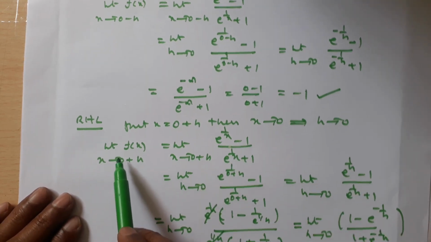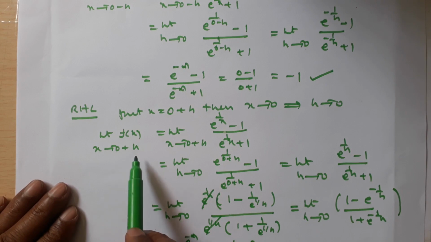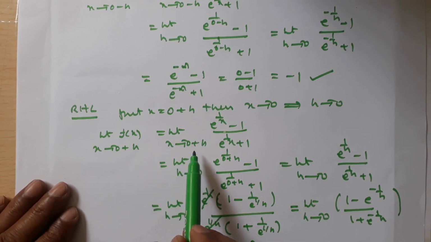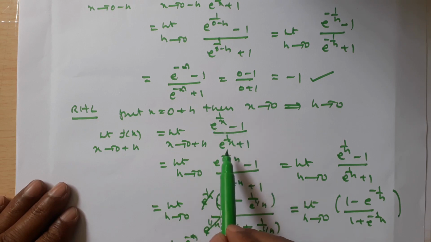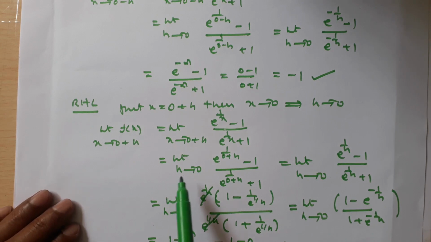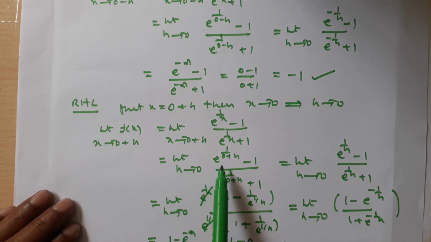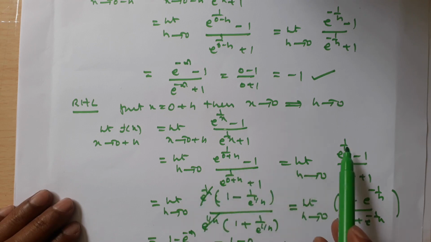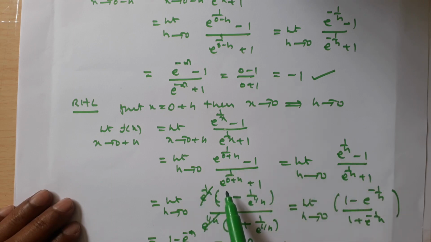Apply the RHL. Limit f of x as x tends to 0 plus h is equal to limit x tends to 0 plus h of e power 1 by x minus 1 divided by e power 1 by x plus 1. This is the given function. Next, is equal to limit h tends to 0 of e power 1 by (0 plus h) minus 1 divided by e power 1 by (0 plus h) plus 1, is equal to limit h tends to 0 of e power 1 by h minus 1 divided by e power 1 by h plus 1.